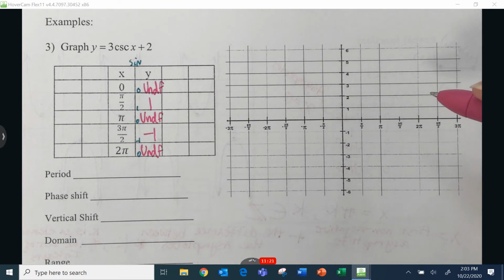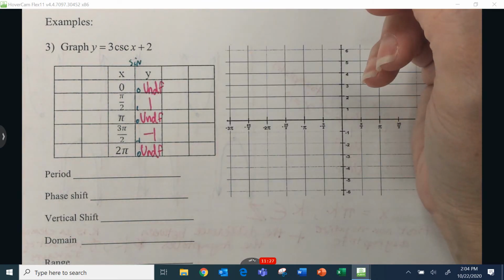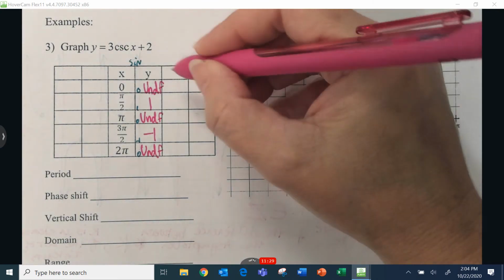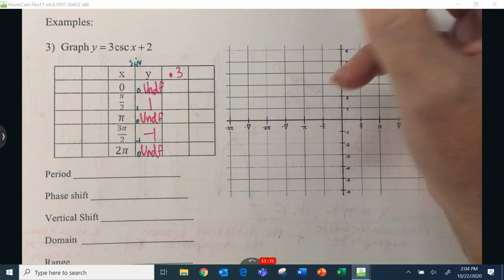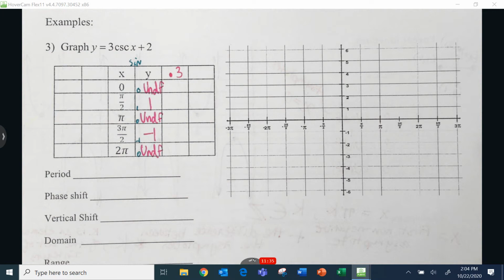All right, 3 cosecant x plus 2. So if we have a 3 in front, what kind of transformation is that? Vertical stretch. We're going to multiply all of our y's by 3. Ooh. Undefined times 3. I have in my possession a vertical line. I do.